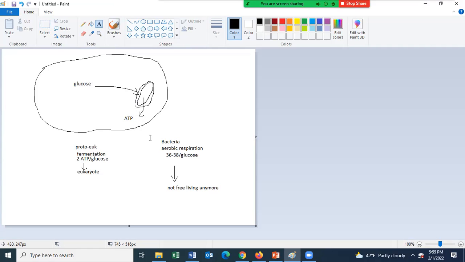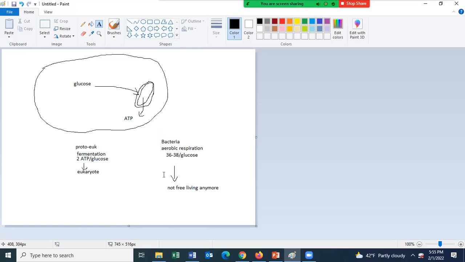And now we don't find the bacteria to be free living. We only find it to be the mitochondria inside of a eukaryotic cell. And we don't find the proto-eukaryote to be without the bacteria. It always has the mitochondrion within it now. Meaning symbiosis, they live together for so long that they can no longer live apart, or they at least no longer choose to live apart.